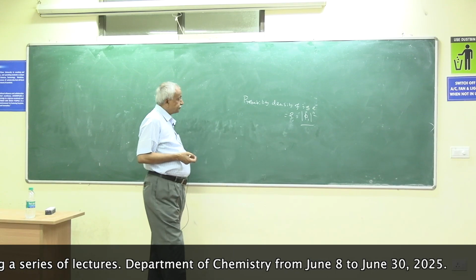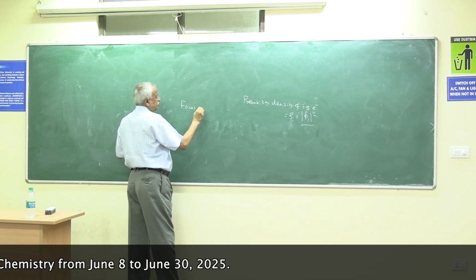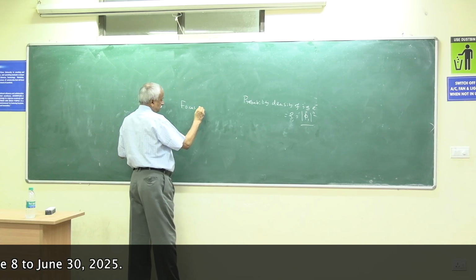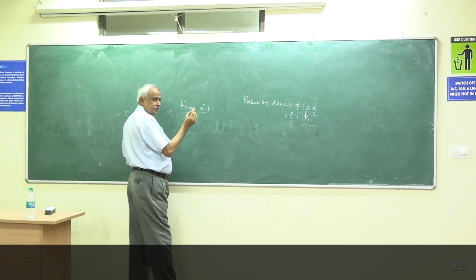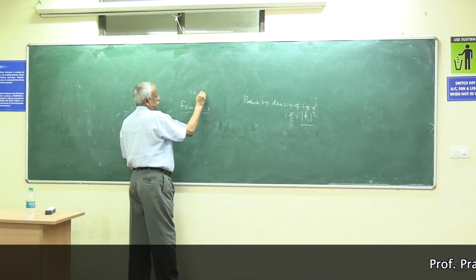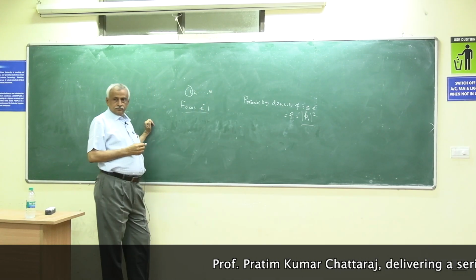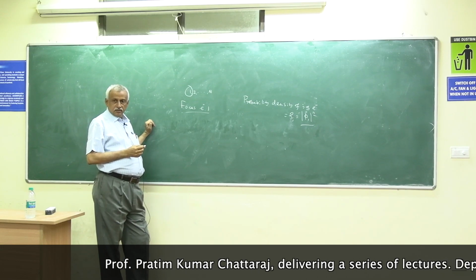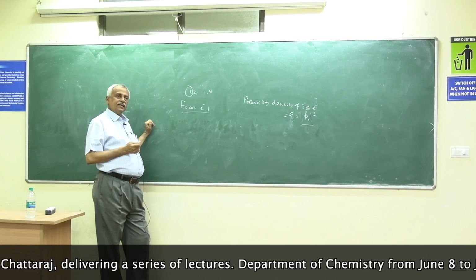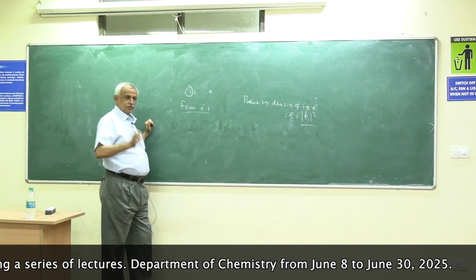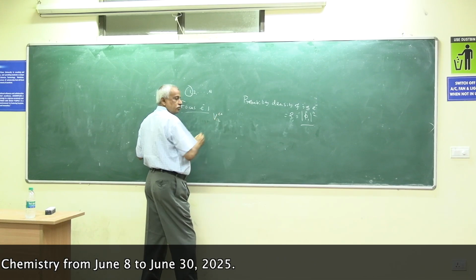Now, to focus your attention on electron 1, let us say there are n electrons. You focus your attention on electron 1. Electron 1 is interacting with electron 2, let us say. So what is the electron-electron repulsion then? V12 electron-electron.